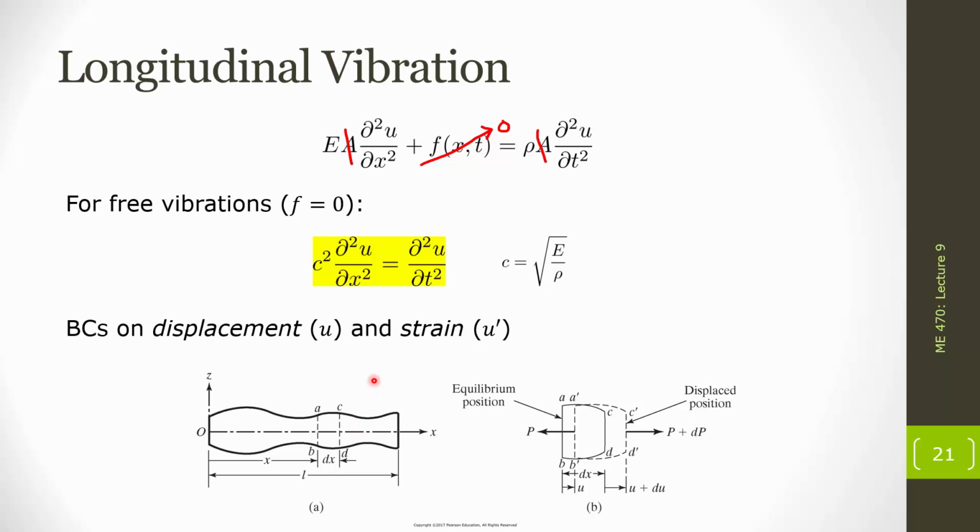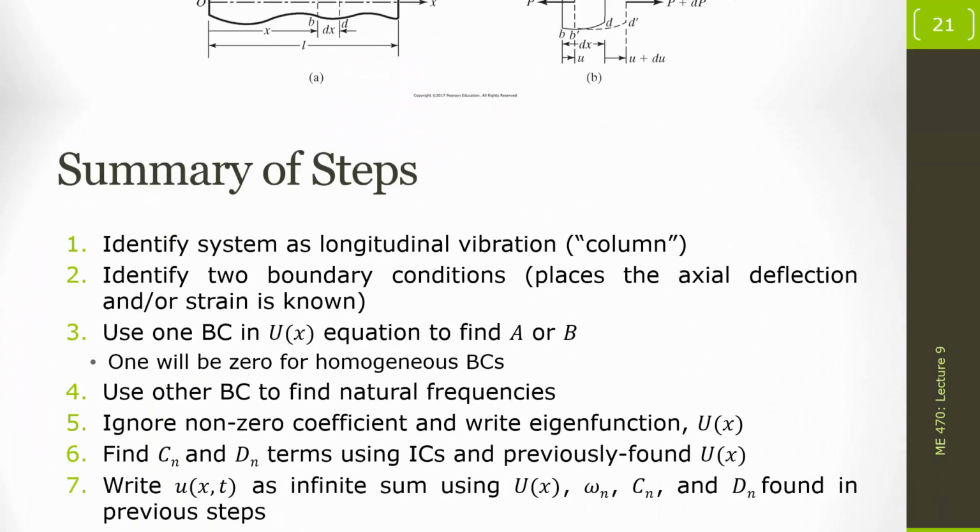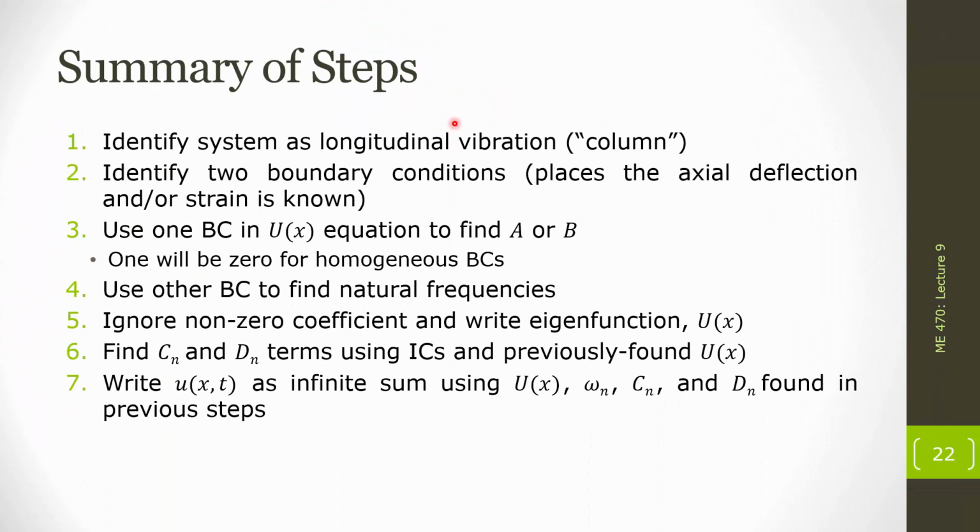So we've actually already gone through the steps of solving this partial differential equation. So just as a summary, when we have a column type of problem or a beam in longitudinal vibration, first, we need to identify that system as being a column or something in longitudinal vibration. So is it deflecting along its longitude only?